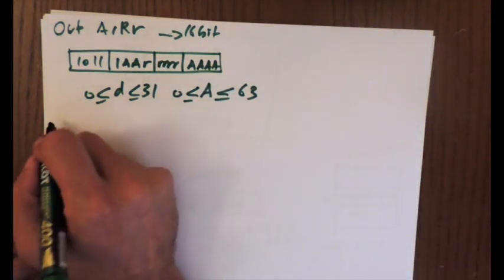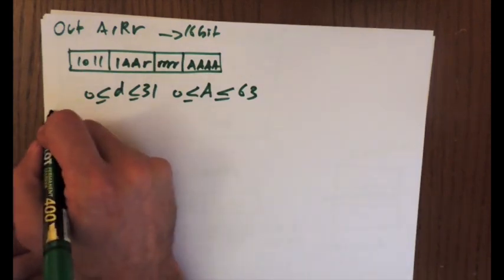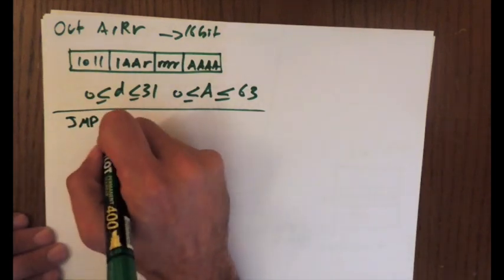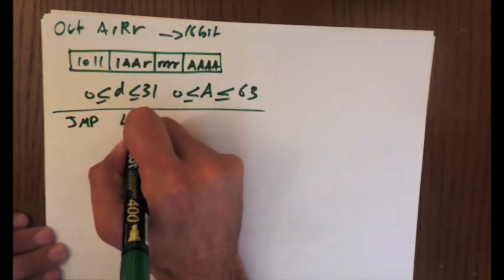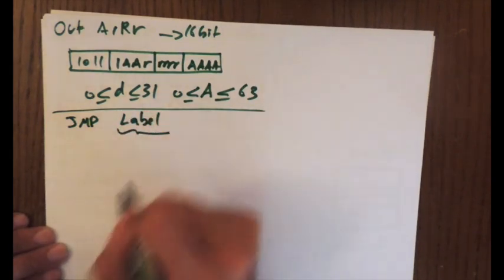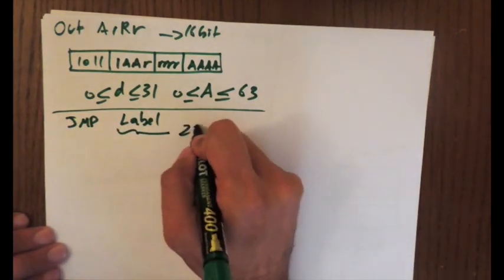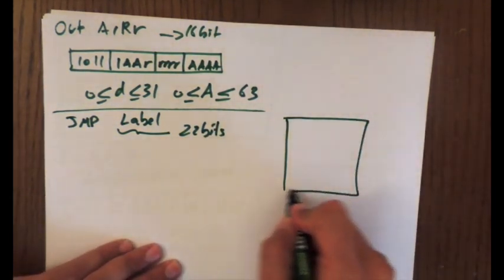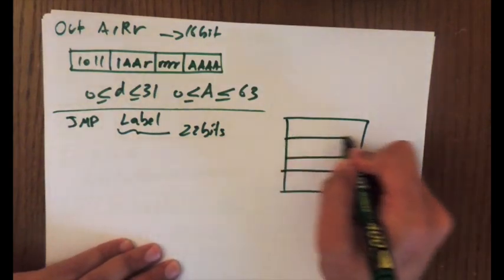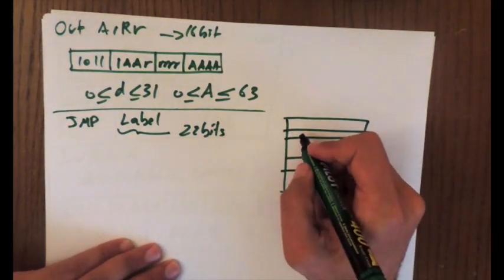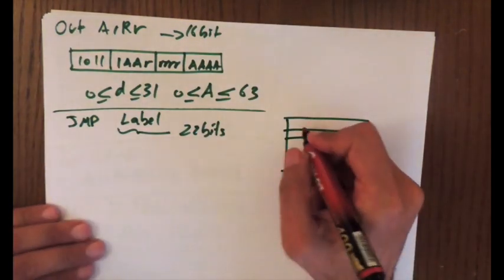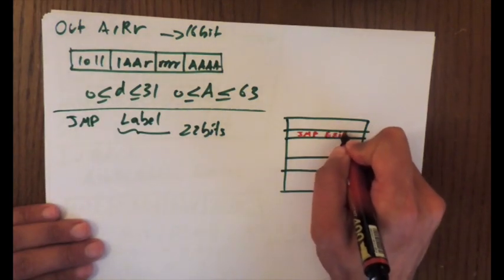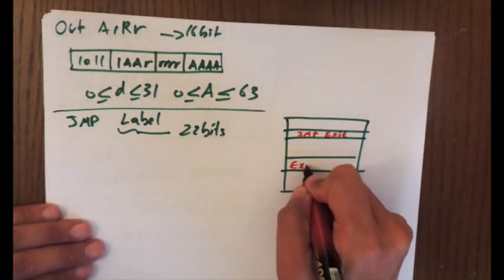Now the last instruction we're going to go into is the jump instruction. JMP usually takes a label, and this label should be 22 bits. Why? Because when we do a jump, let me explain a little bit about jump. Let's say I'm somewhere here and I say jump exit, and exit will be somewhere here.